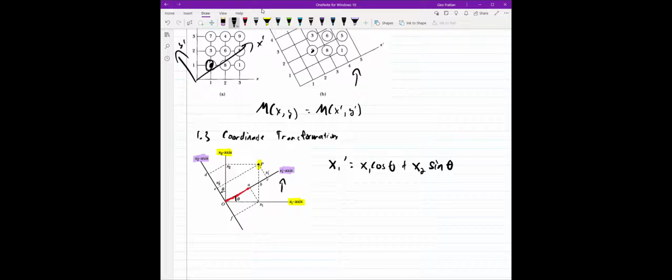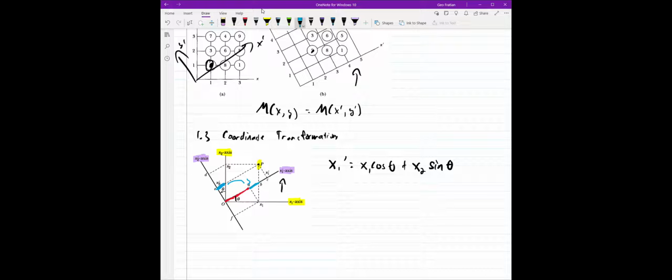Let me draw this in blue. x2 sine theta is this right here, right? So let's move this over there and put it there, and we notice, boom, we have our new x1 prime axis. I think I did that right.